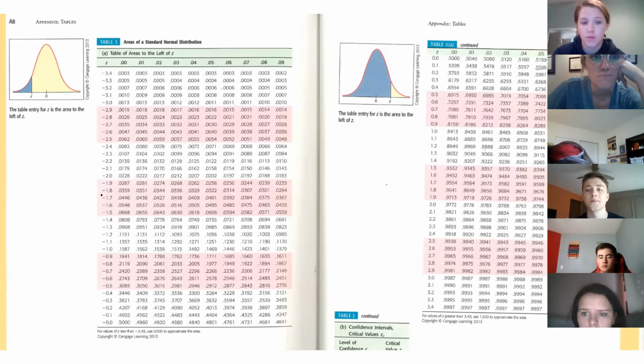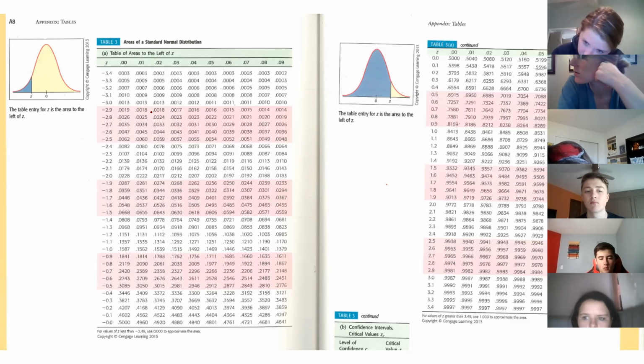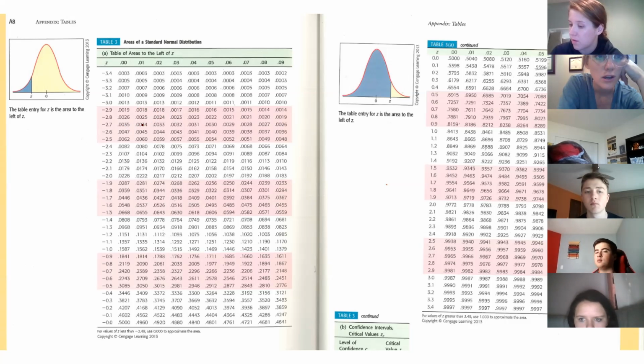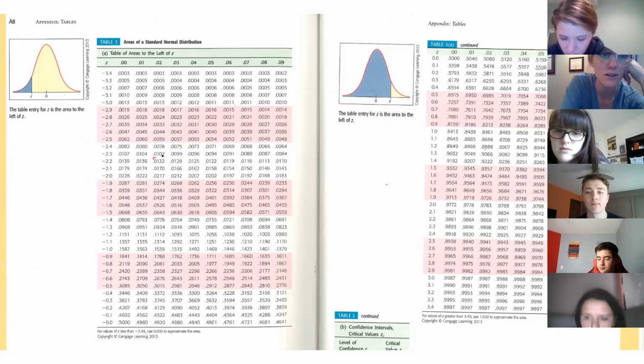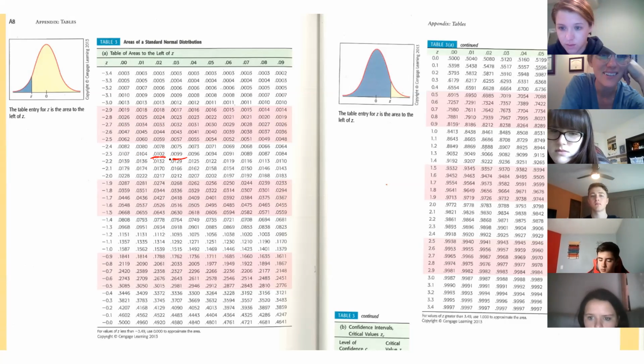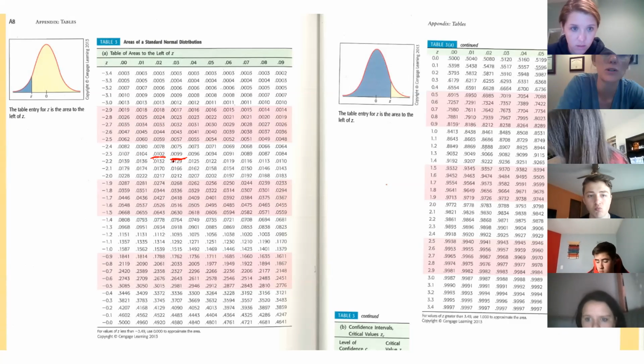Is it negative 2.32 and negative 2.33? Which one are you going to choose for that one? Those two. Yeah, but which one's it going to be closer to? The negative 2.33. Yeah, because this one's like one below.